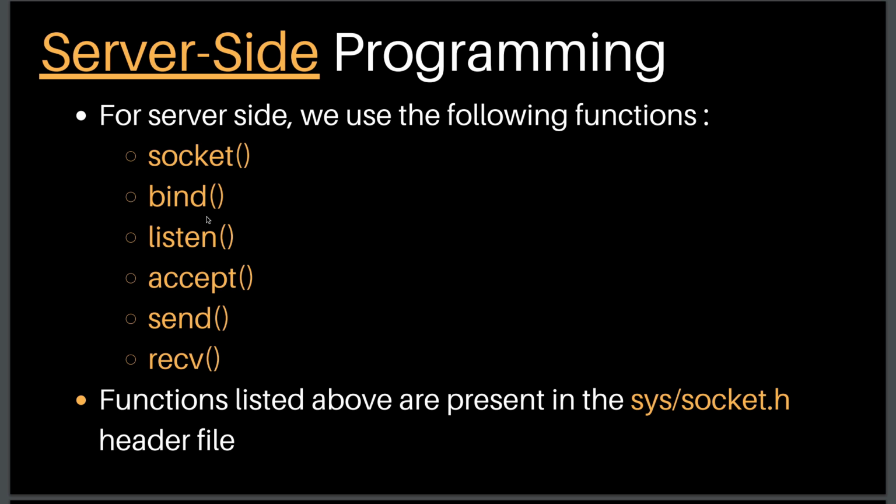Then we use the listen function for listening for incoming connections. Then we use the accept function to accept any of the connections coming to the server, and once we accept the connections, we can start sending and receiving data. We can start sending data, or we can simply receive data. So this is the basic workflow of a server in socket programming.